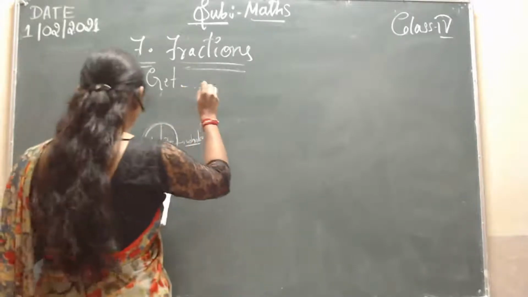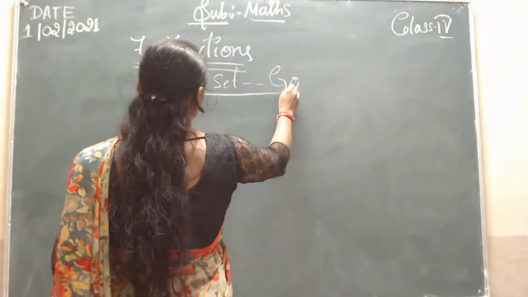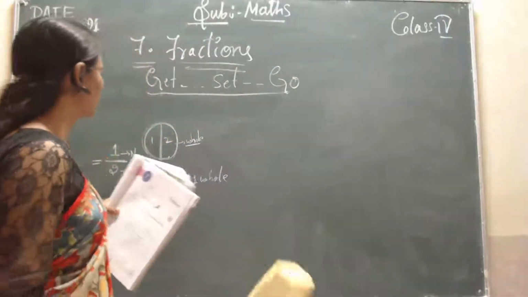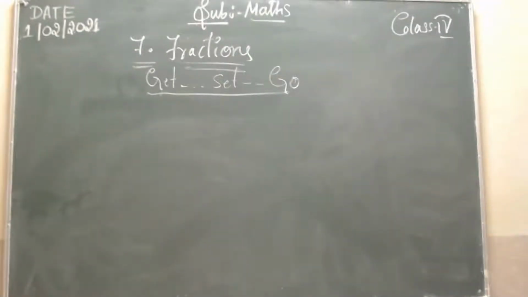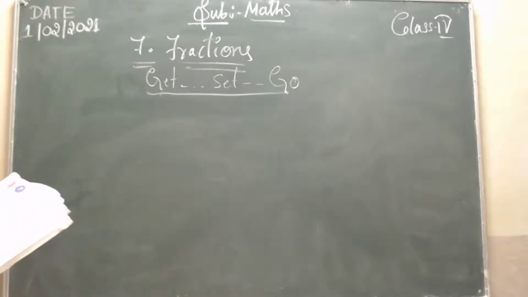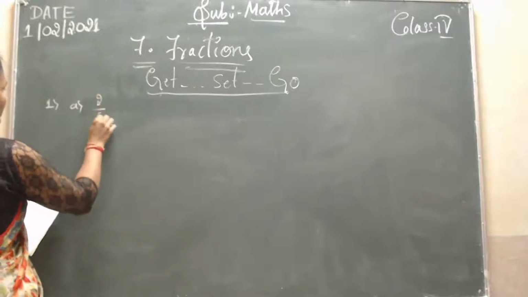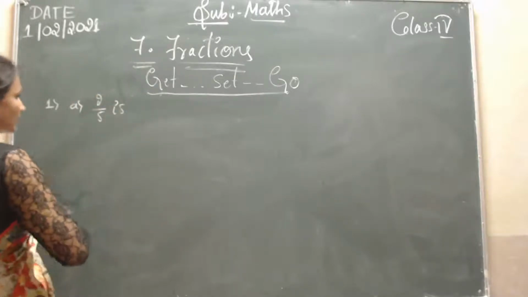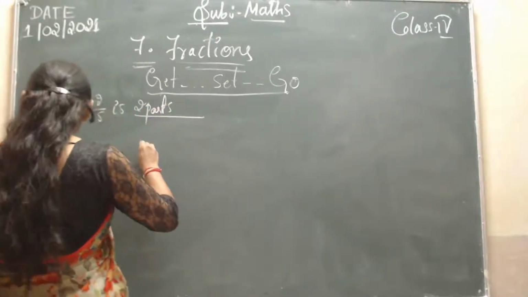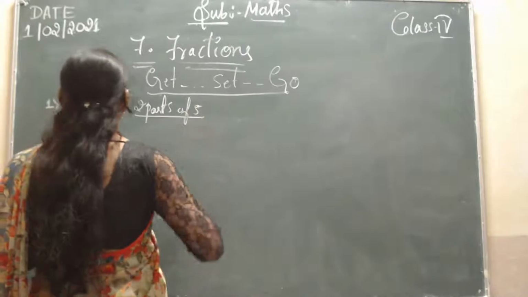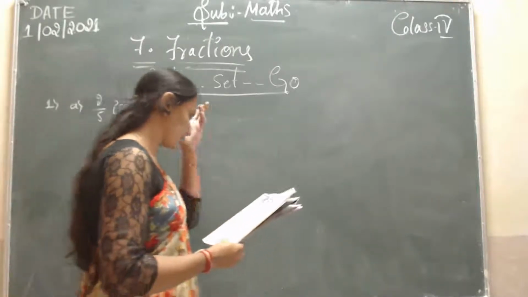Can you see the Get Set Go, students? Here the first one is 2 by 5, which is two parts of 5.